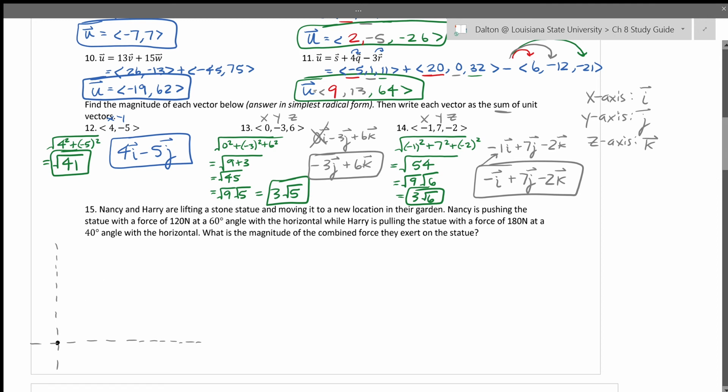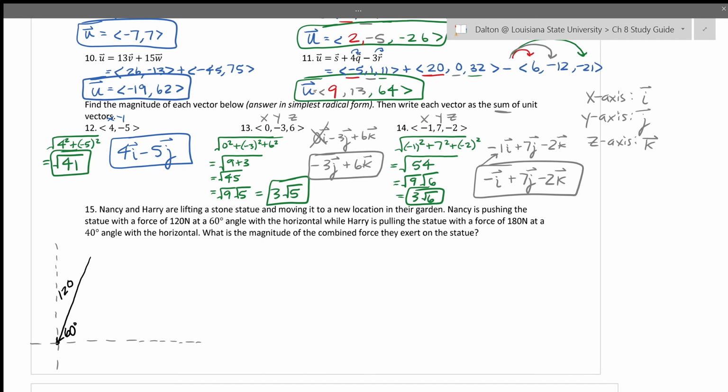Let me make that a little bit shorter. Your force acts as your magnitude, so label that with 120. And then that angle is going to be 60 degrees. Okay, that's Nancy's force.